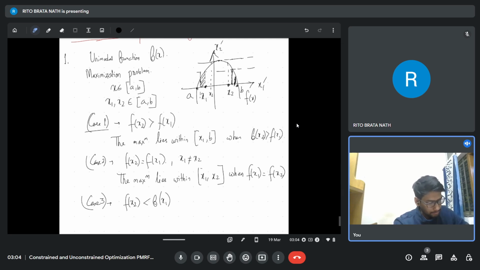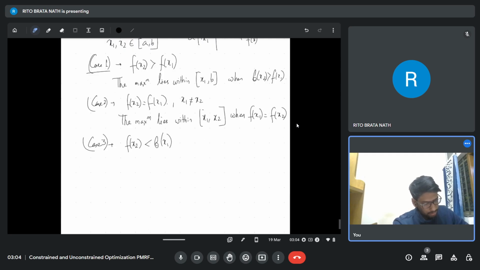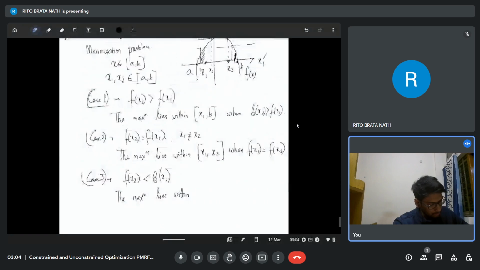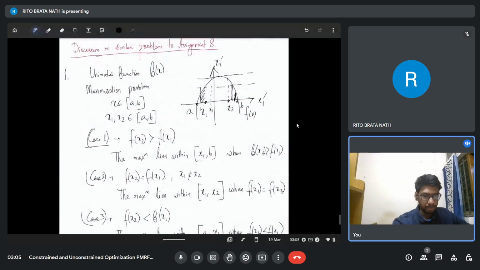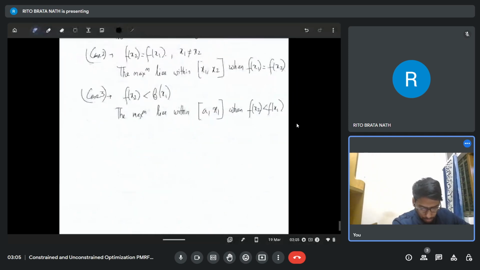So the maximum lies within a and x1 if f(x2) is less than f(x1). You'll find a similar problem with a minimization problem, and you have to check which one is the correct answer. So that's all about problem 1.